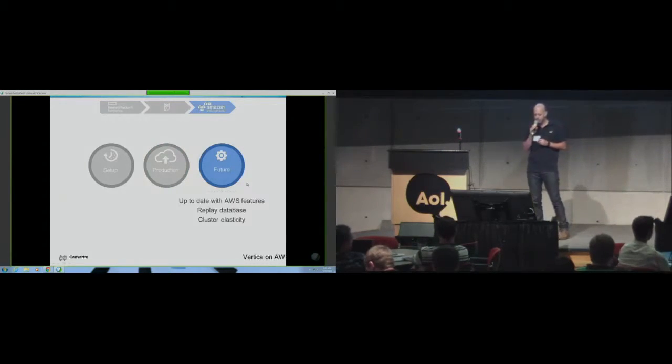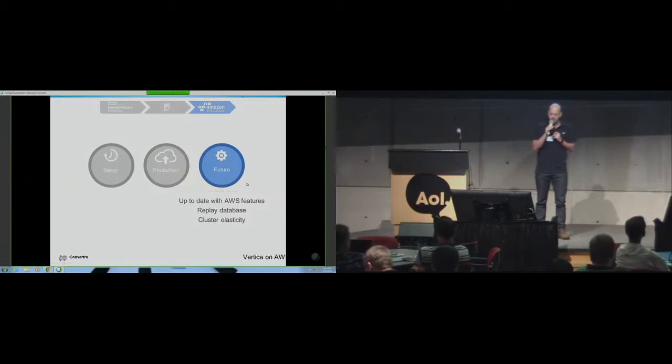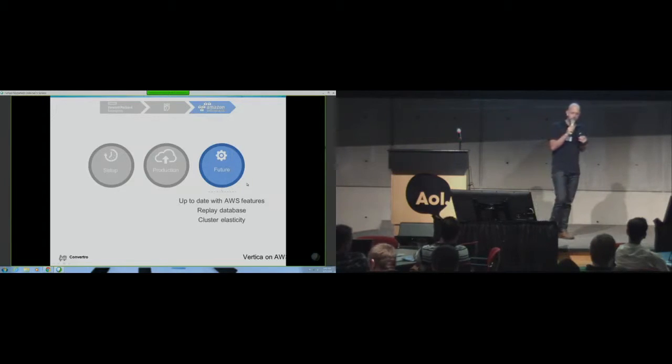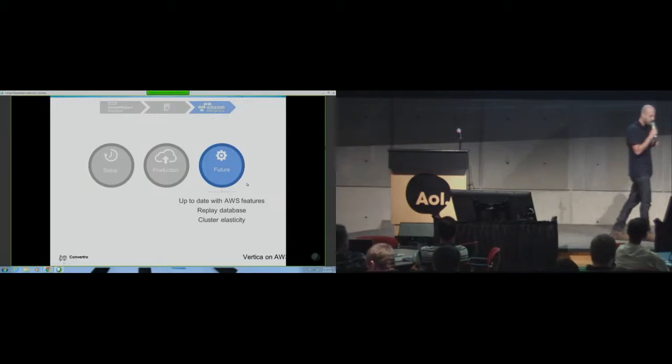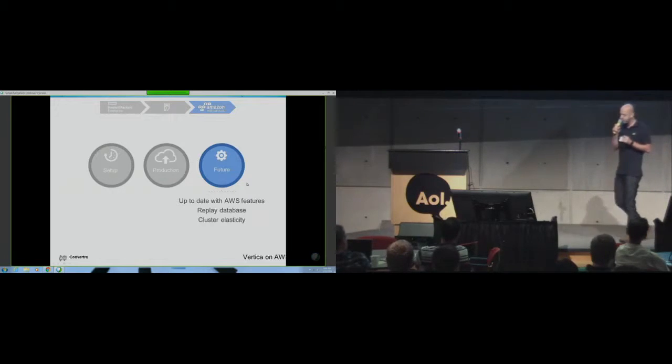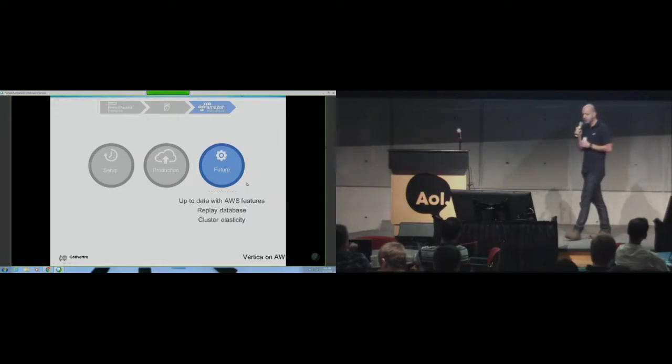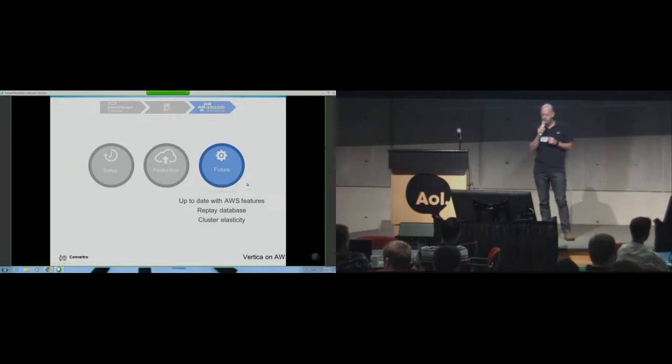And lastly, before the future, as I said before, we are changing to a new EBS. I think last month, Amazon released a new type of EBS, ST1, which is focused on throughput, which Vertica loves. So we tested, and it's pretty good, and we are moving to it.